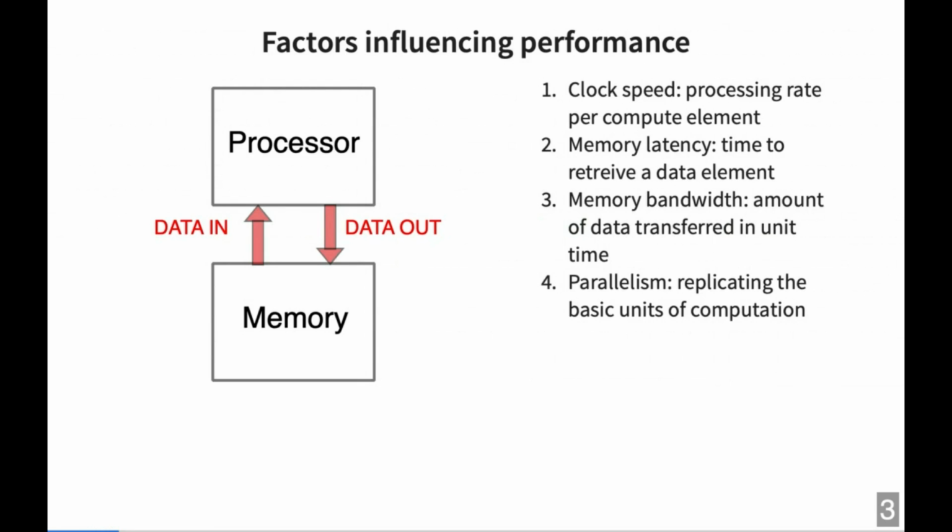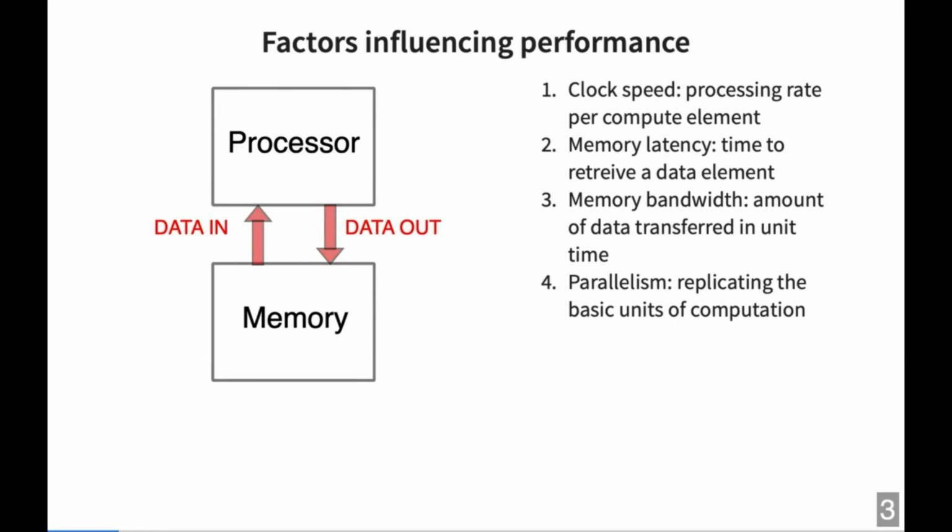And in thinking about the performance of this setup, we've identified here 4 issues which you might think about. The first is typically the clock speed of the processor, the rate at which the processor is able to issue and execute instructions.